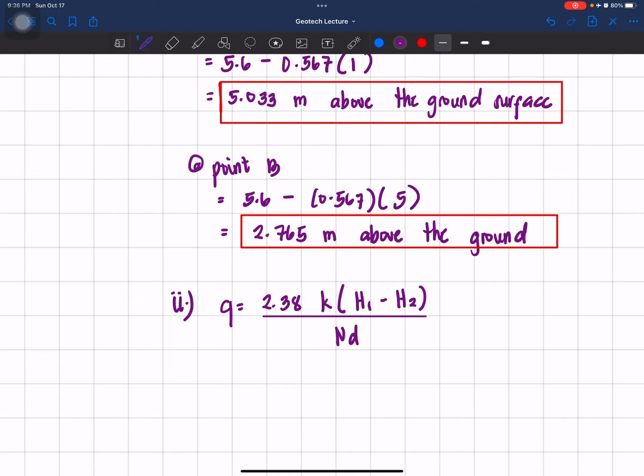Okay? So that formula is actually taken, okay, from the previous discussion that we have. That's 2.38 kh all over nd.